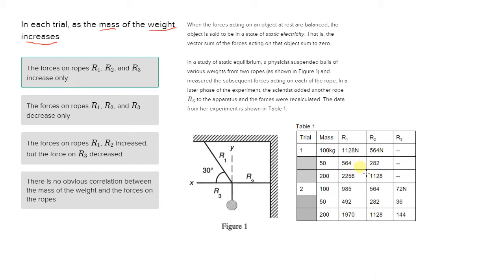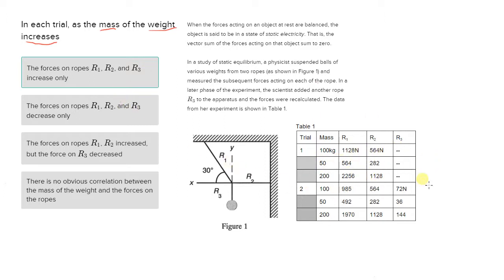We can see that is true for trial 1 because the force on R1 goes from 564 to 1128 to 2256 newtons. So that is an increase only in R1. It is also true for R2, going from 282 newtons to 564 newtons to 1128 newtons. So in trial 1, as the mass increases, so do the forces on both the ropes.